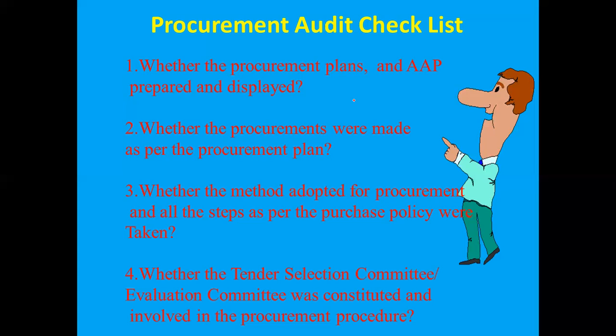We have to see the checklist and what type of method you are adopting for procurement, and whether the steps we are taking are as per the policy. Next, whether the tender selection committee, the evaluation selection committee, was constituted or not and involved in the procurement procedure or not, right.